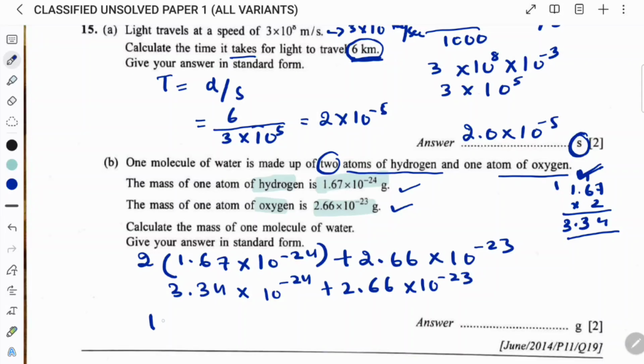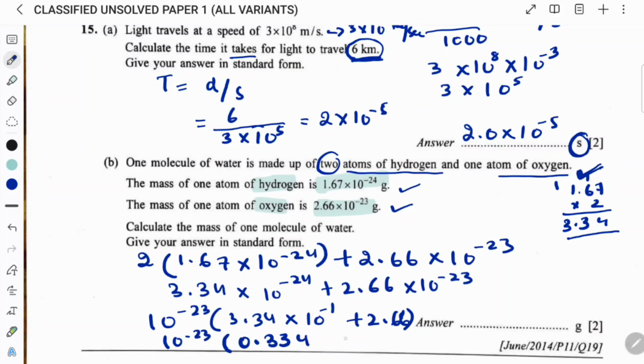We take the power common. 10 to the power minus 23 common. 3.34 into 10 to the power minus 1 plus 2.66, and this is becoming 0.334, writing down in ordinary form, and then add with 2.66.